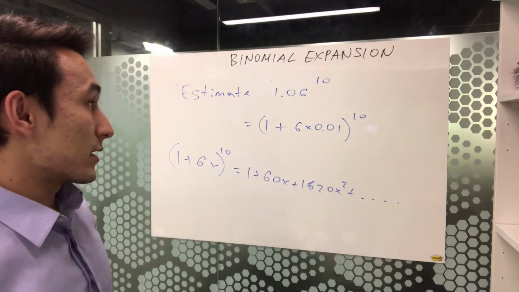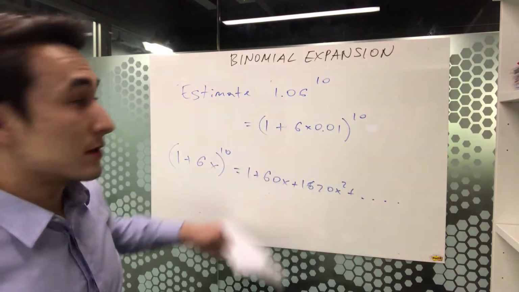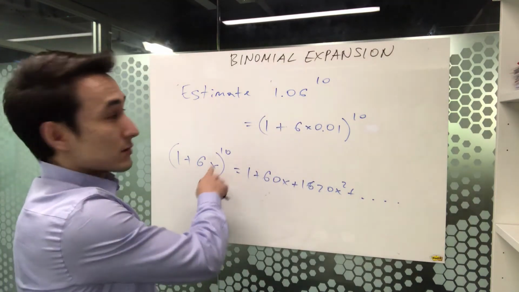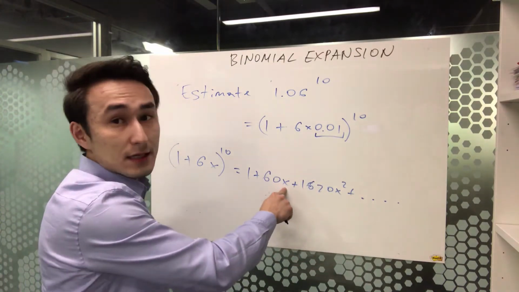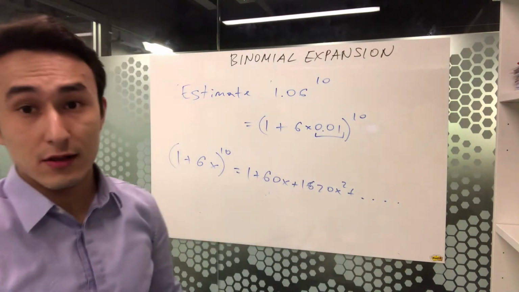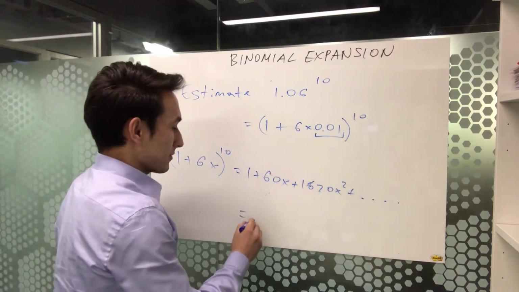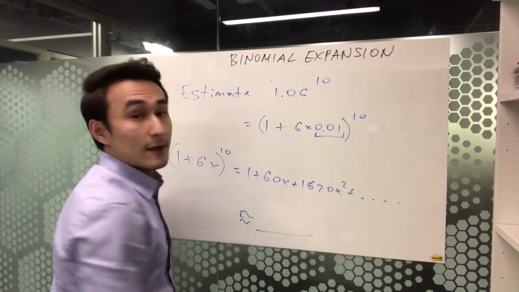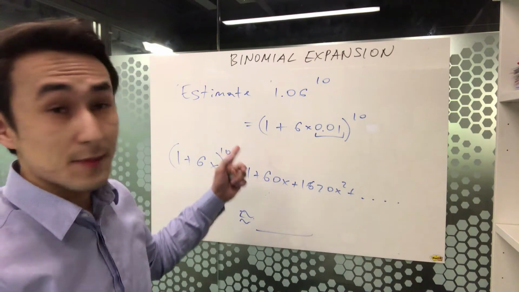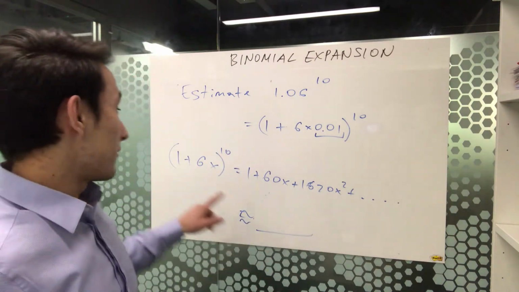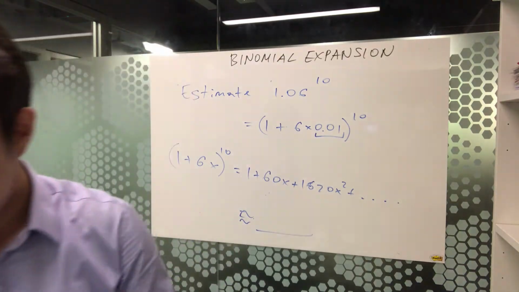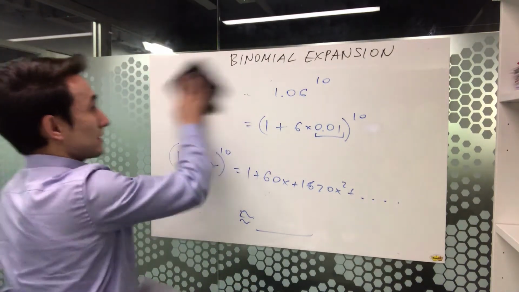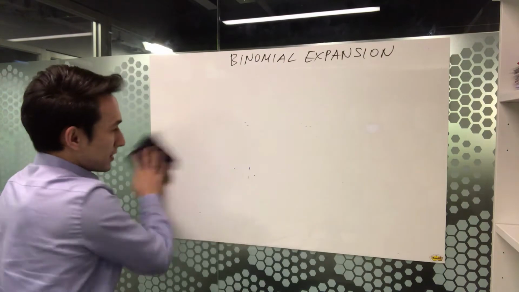So to estimate this number, we'll just replace this x with 0.01 and put that value in here, and using a calculator you will find the approximate value. This is how you do it. You use the expansion, find the suitable value of x and put it into the expansion. Okay, hope it's clear.